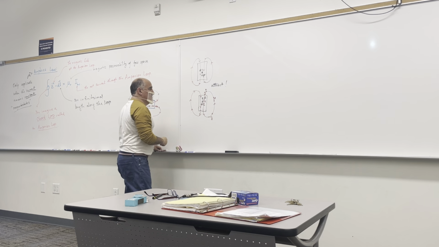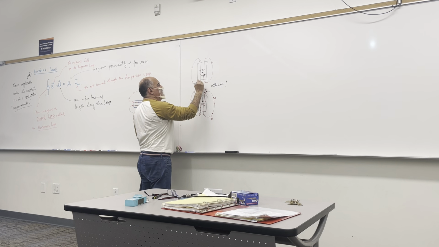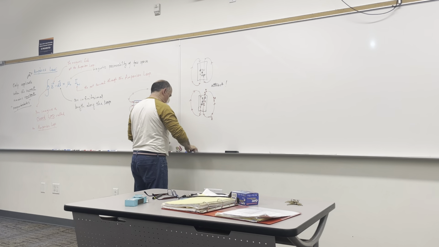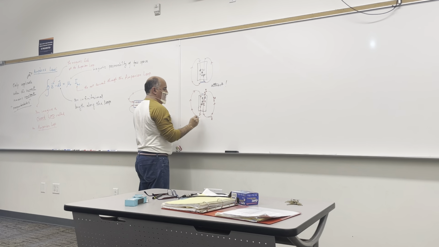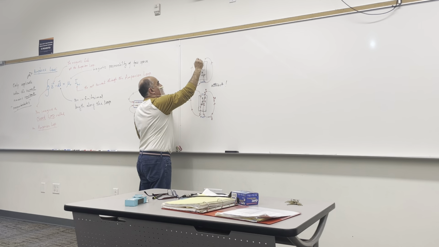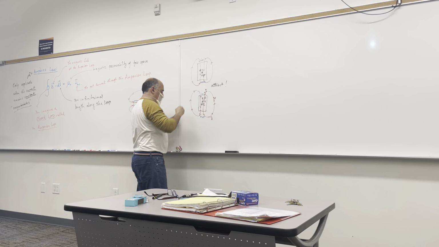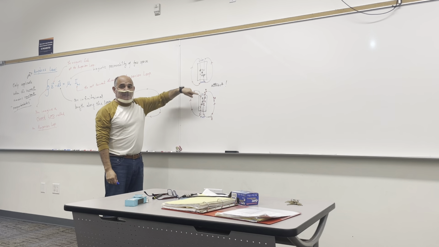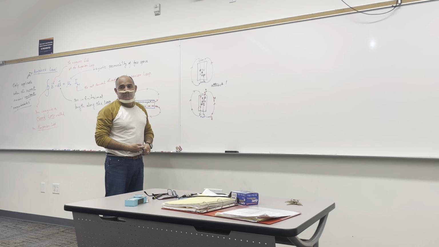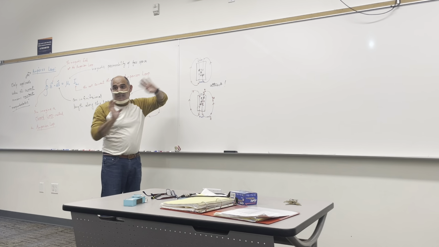So let's call this, how about, this is where the magnetic field goes out, and this is where the magnetic field goes in, out, in. So if a side of a magnet has a magnetic field going out, it attracts the side of a magnet where the magnetic field is going in for the other magnet. This is just nature, that's the way it is.